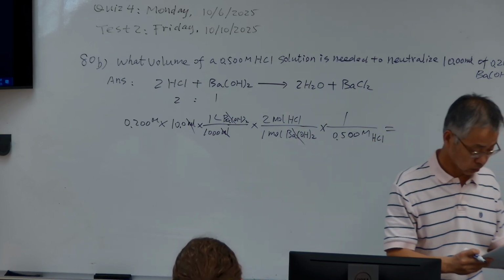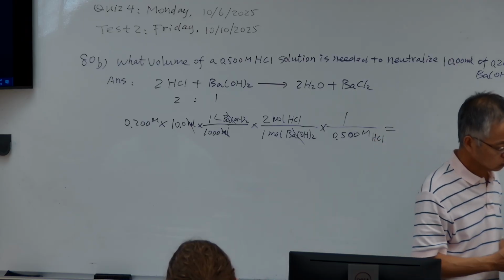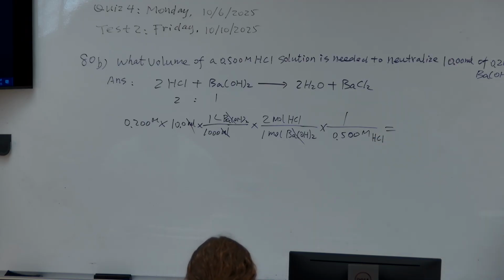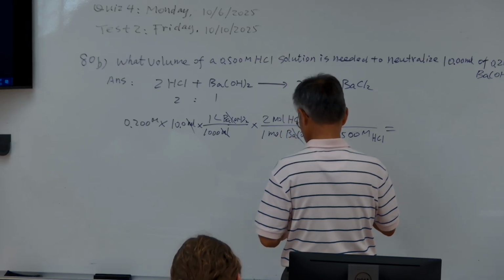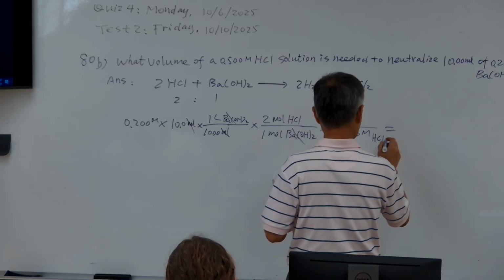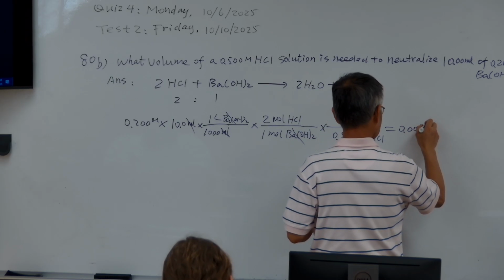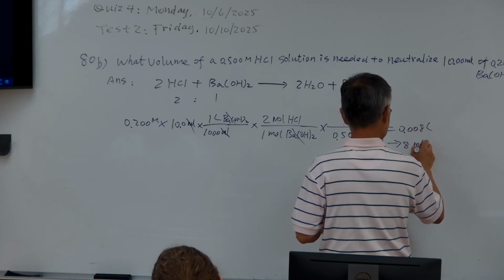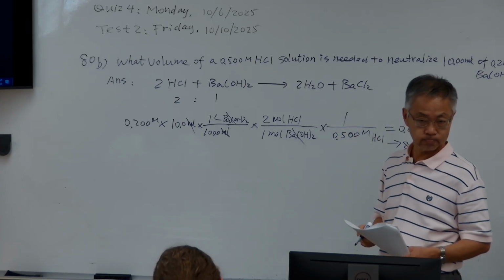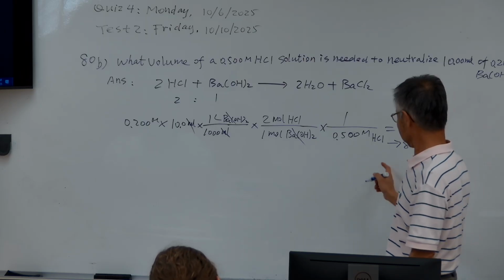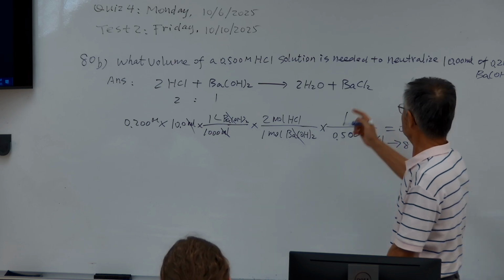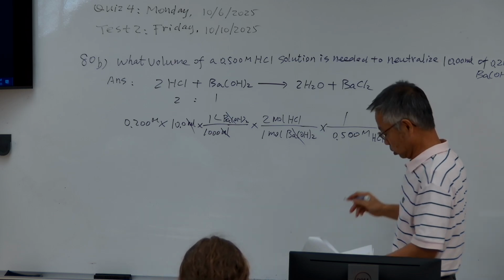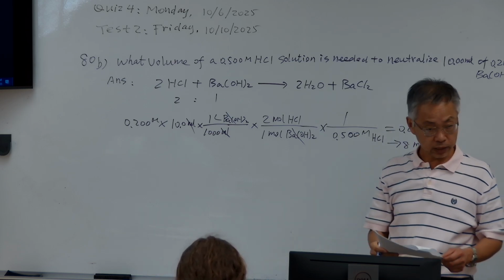That's 0.008 liter or 8 milliliter. So this is your answer. We need 8 milliliter of hydrochloric acid to neutralize 10 milliliter of 0.2 molar barium hydroxide.